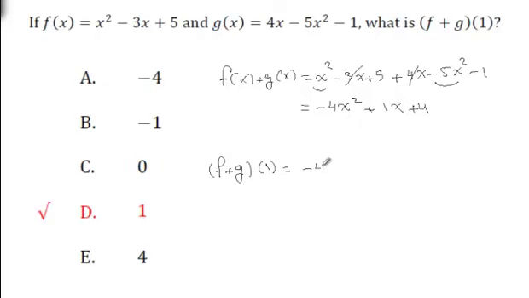So we say minus 4 times 1 squared plus 1 times 1 plus 4. 1 squared is 1, times minus 4, this is minus 4. 1 times 1 is 1, plus 4. So we get plus 4 minus 4 cancel, which is 0. Then we end with 1. So the final answer is 1. So this is correct, and that's the final answer.